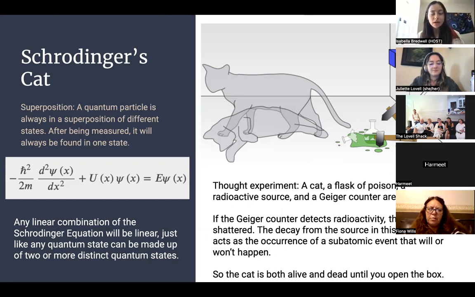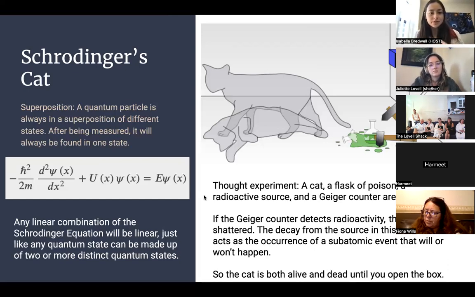A quantum particle is always in a superposition of different states. Imagine a bunch of waves: if you add them together, it creates another wave. So basically any quantum state can be described by the sum of two other quantum states. Two waves added together create one wave with a different frequency and intensity. It's just that kind of idea.